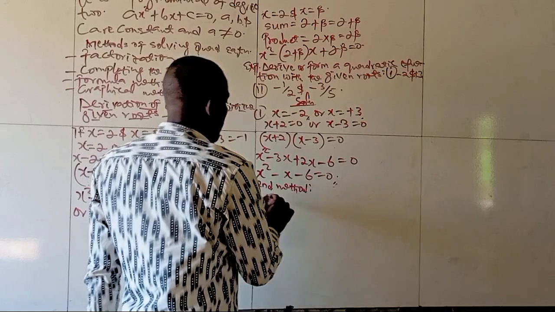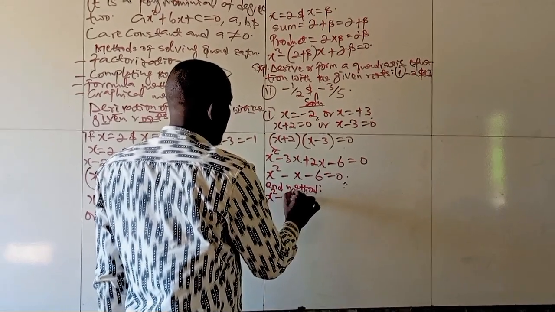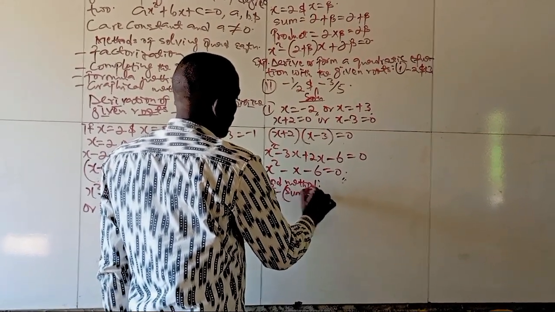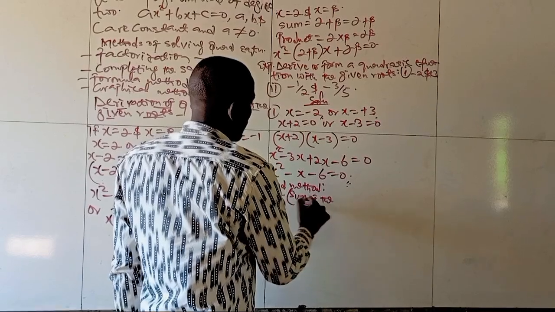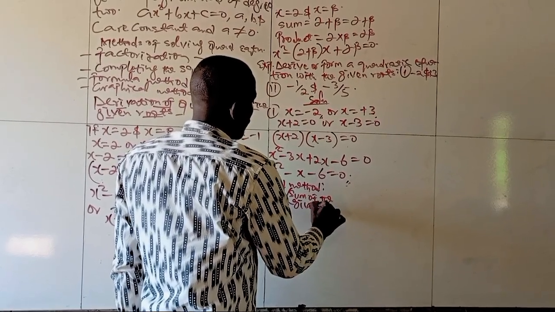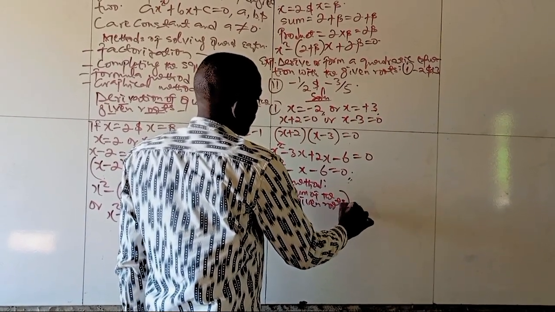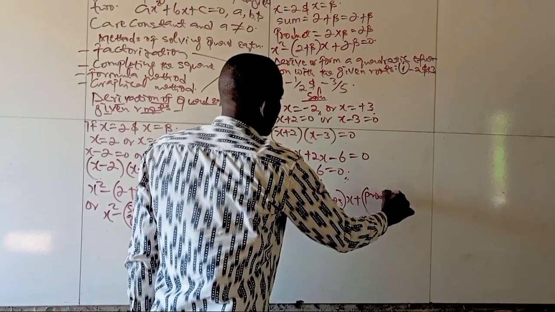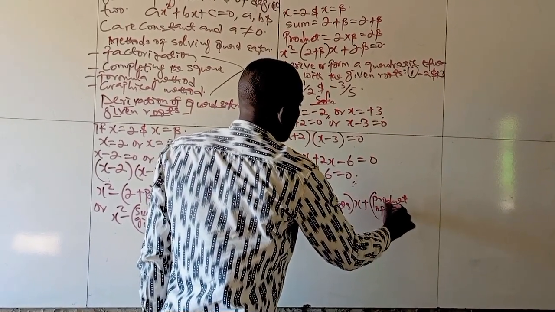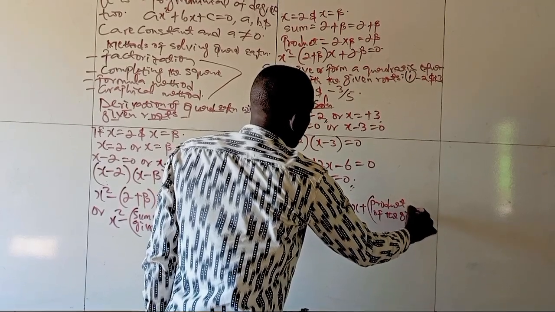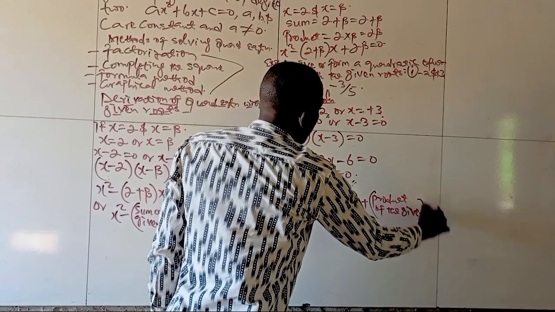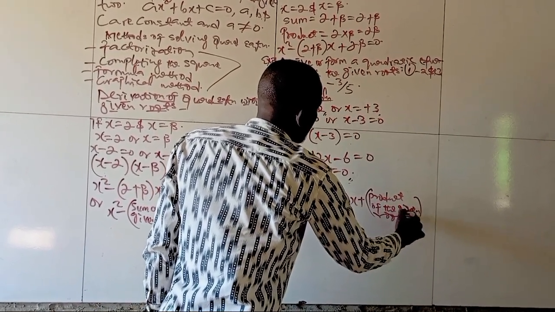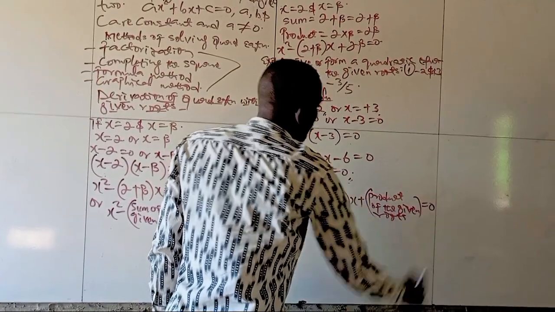The second method simply says x squared minus the sum of the given roots times x plus the product of the given roots, all equal to 0.